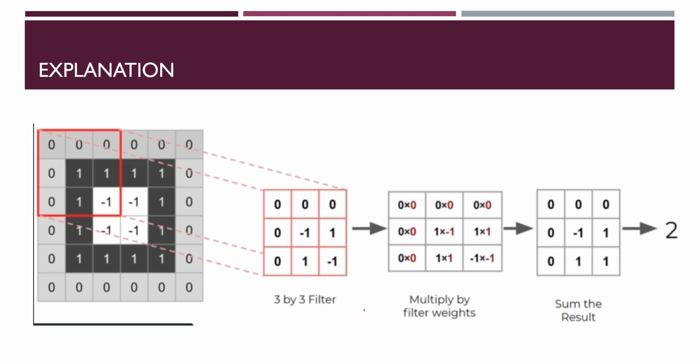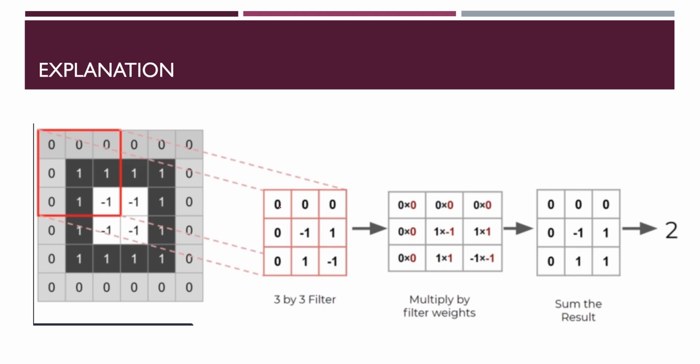To perform this operation, you simply take the filter and place it on the top left corner. Once you place it on the top left corner, you multiply the respective intensity values of the pixels with the values of the filter. These are known as filter weights.